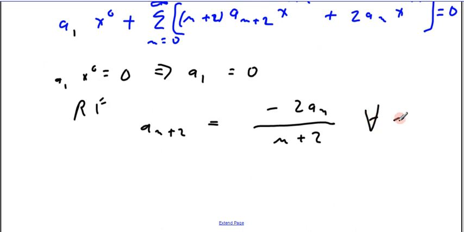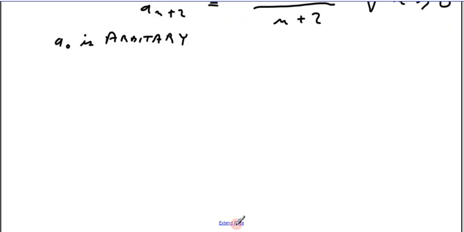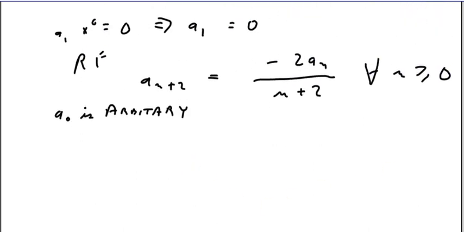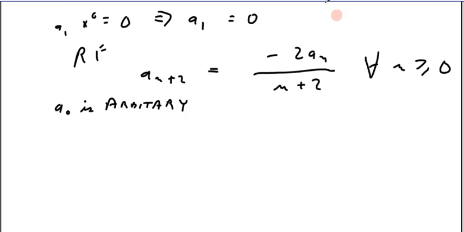This is for all n greater than or equal to 0, because I start at 0. So what is a0? a0 is arbitrary, as it's always been, as it always will be, unless it isn't. We're going to start at n equals 0.